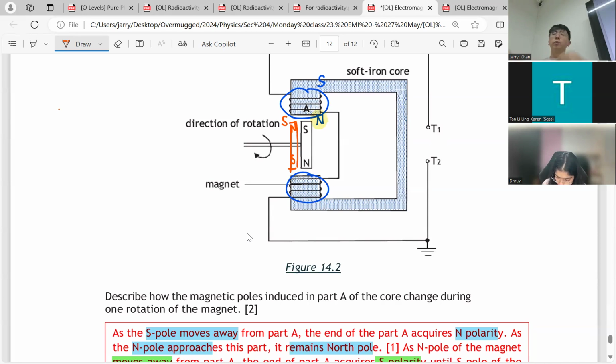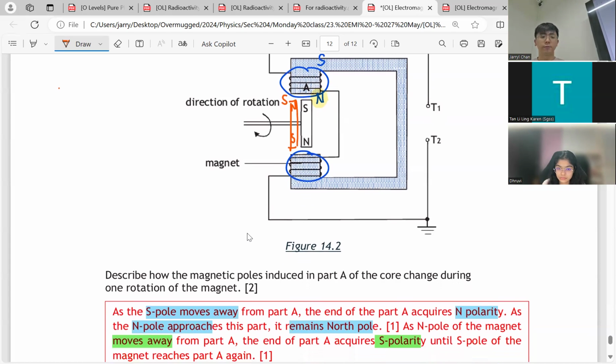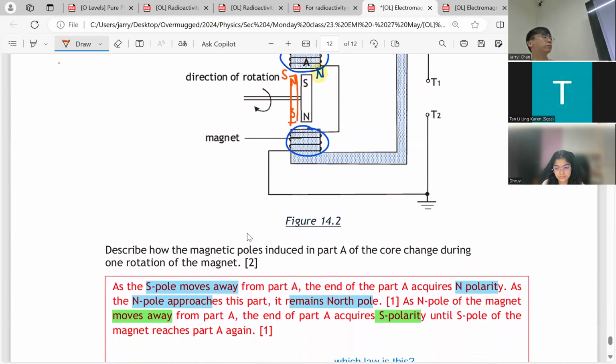I want to rotate the north pole away, so I induce a south pole at A to try to attract the north pole back. When the south pole moves towards A, I want to repel the invasion. Therefore, it will still be an induced south pole. So the second part, green color: the north pole moves away, acquiring south polarity, all the way until the south pole reaches part A again.